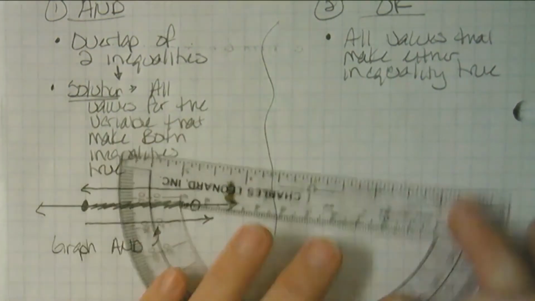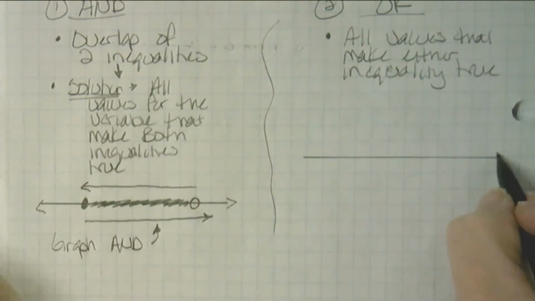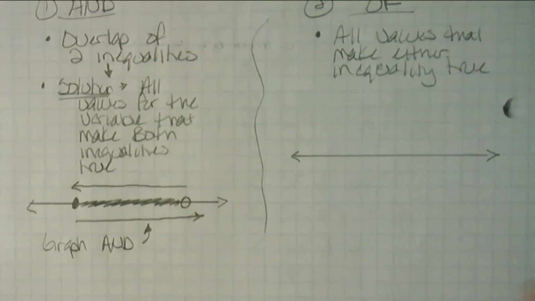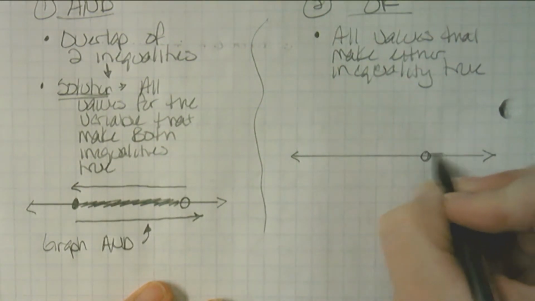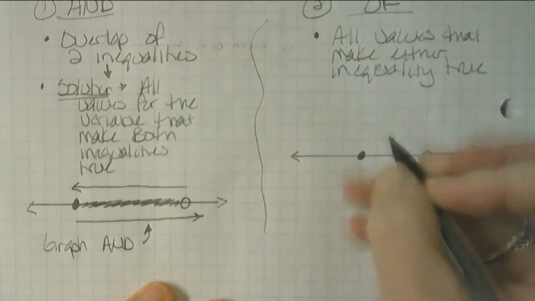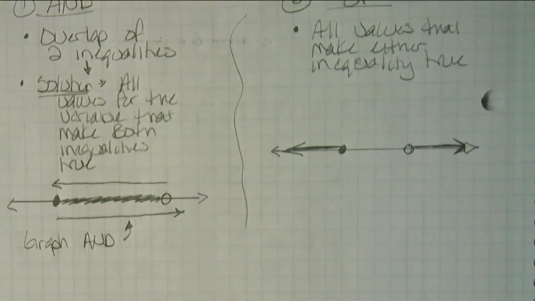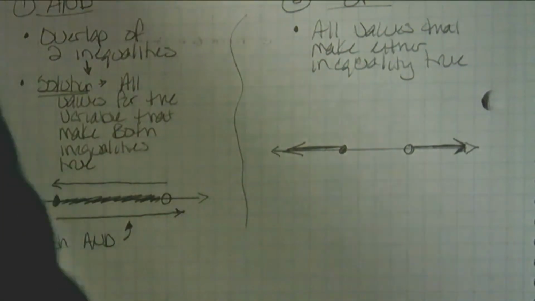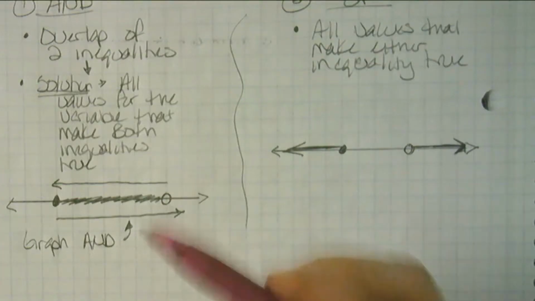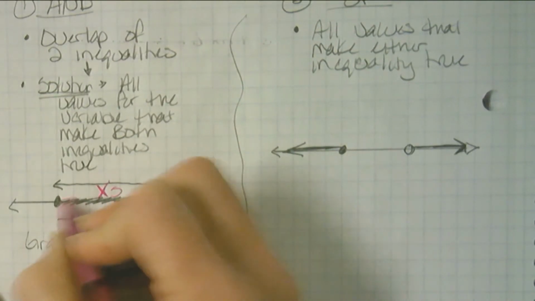If we look at an or, we're going to focus on ands today, but I want you to be able to see the difference between them again. I know you did it with Khan Academy, but an or, we're going to have one going to the right and one going to the left with no overlap. This is usually what an or looks like. So for our solution on this one, all my x's are that shaded area.